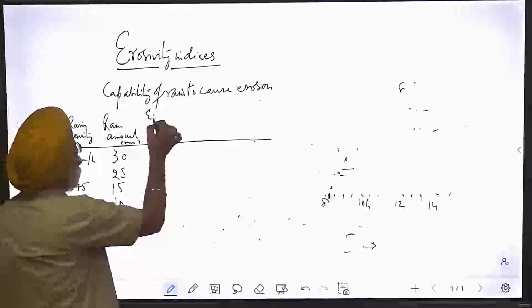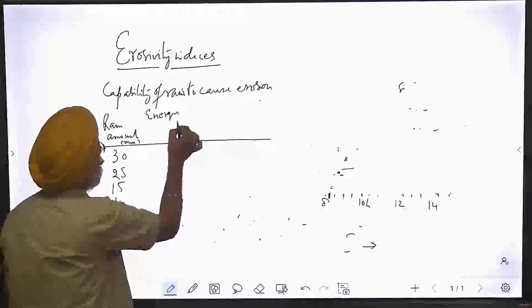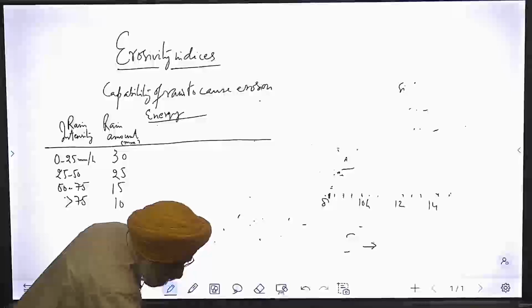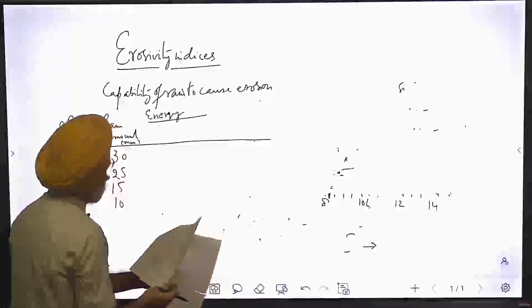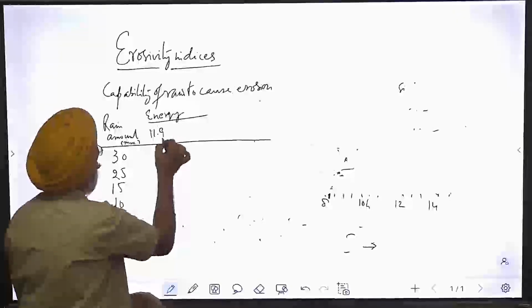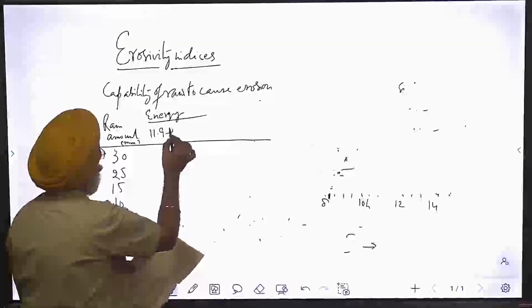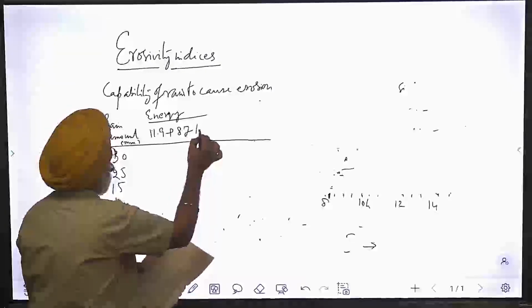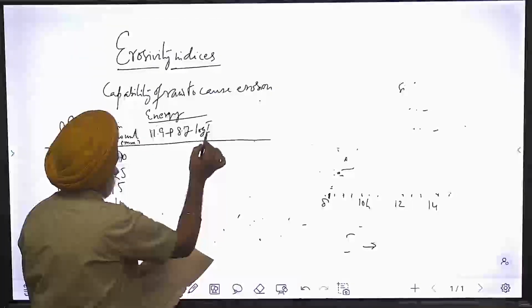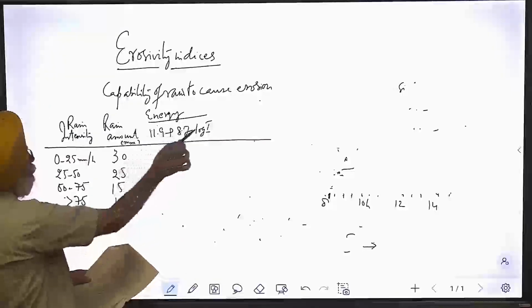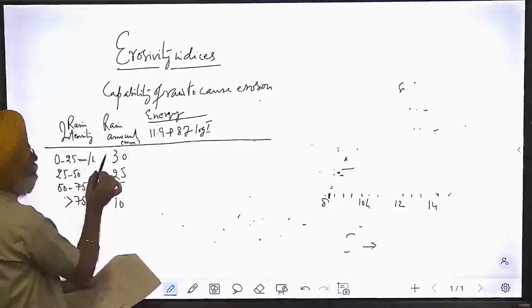Then we will calculate energy, and here the energy has been calculated with an empirical relation. That relation is 11.9 plus 8.7 log I, where I is intensity. So, we have to take the log of whatever intensity you have.